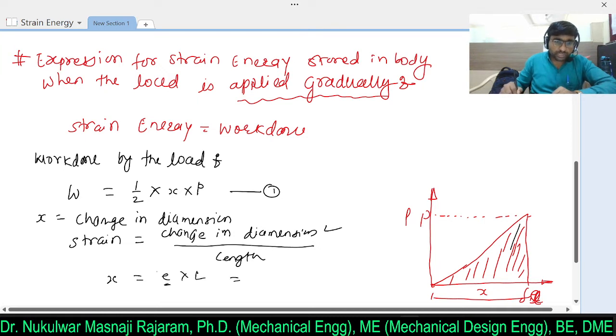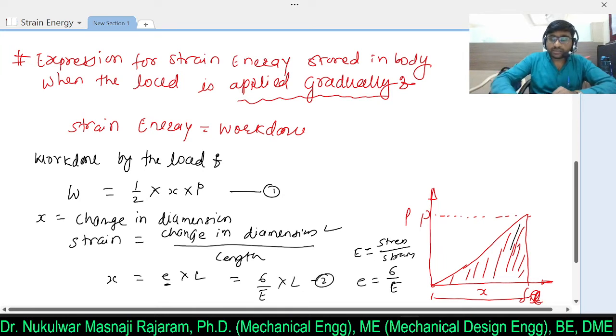Now modulus of elasticity is nothing but stress divided by strain. What I want is strain, so strain will be equal to stress divided by modulus of elasticity. Simple. So instead of E, I will write sigma by E into L. Let's say this is equation number 2.